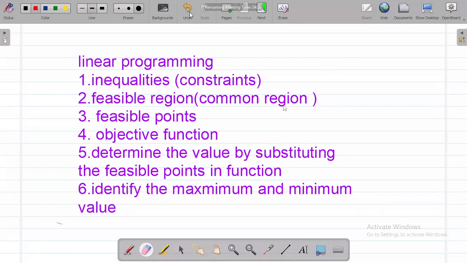Okay, how to tabulate the third value of 3x plus y equals to 0? Yes, Sakina, tell me, 3x plus y equals to 0.